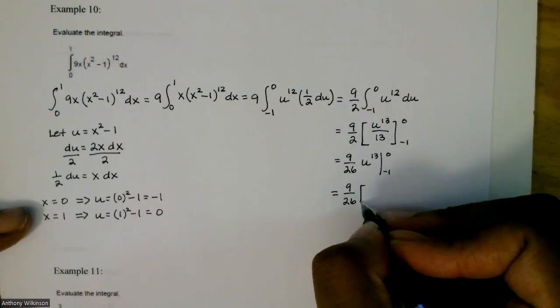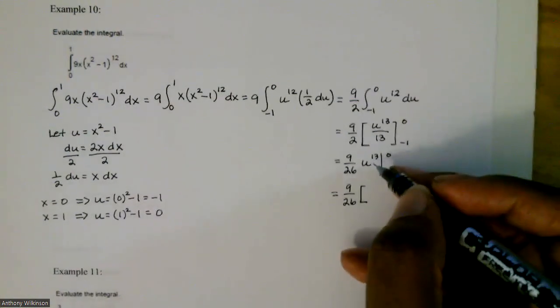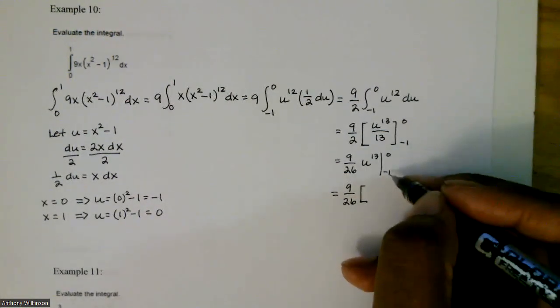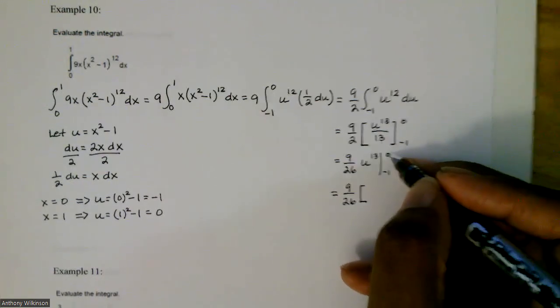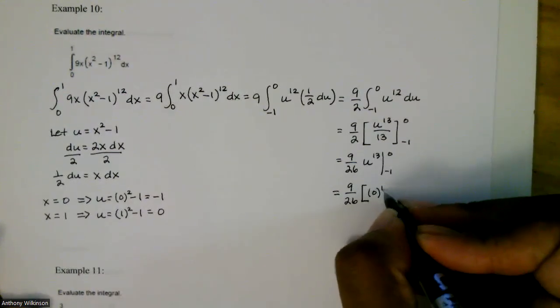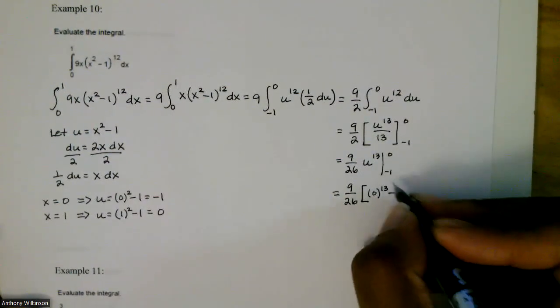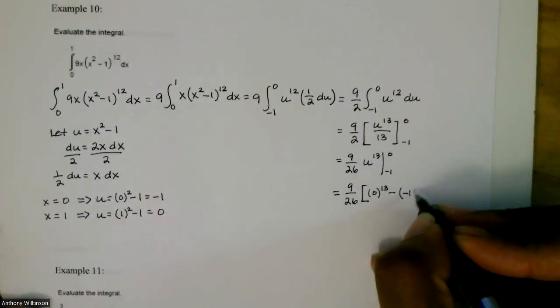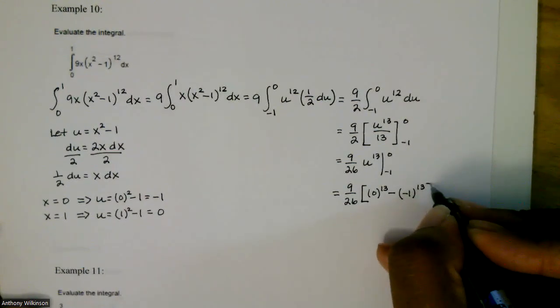In this case, I'm going to bring down the 9/26 and just concentrate on u to the 13th from -1 to 0. The upper limit is 0, so this will be 0 to the 13th minus the lower limit, which is -1 raised to the 13th.